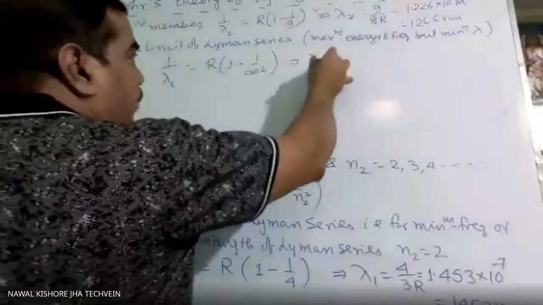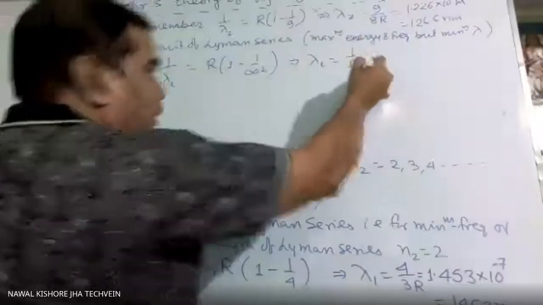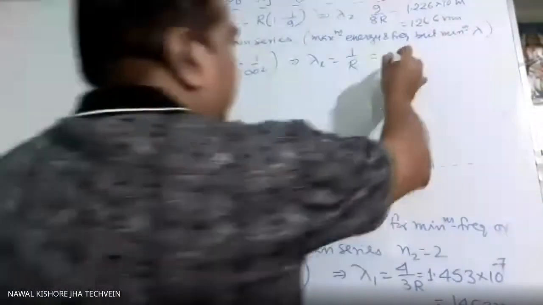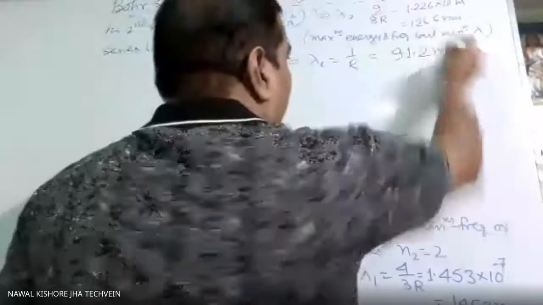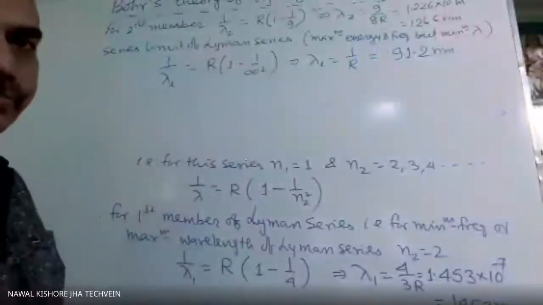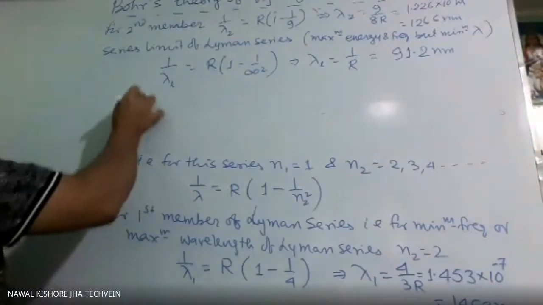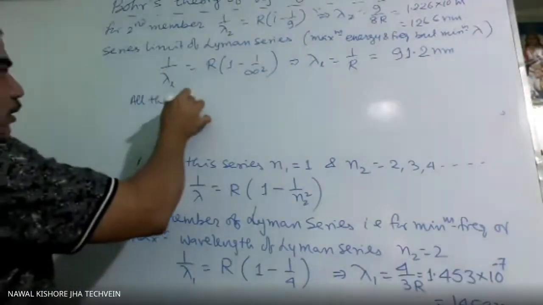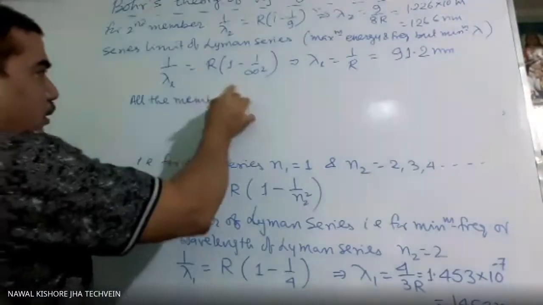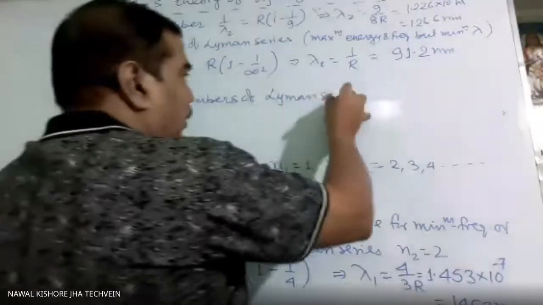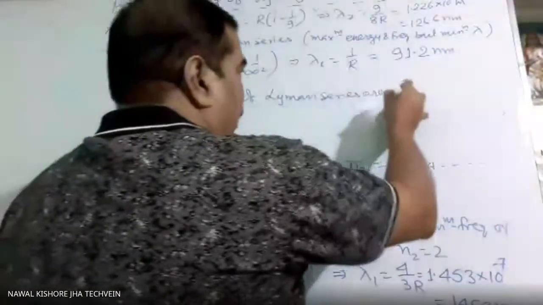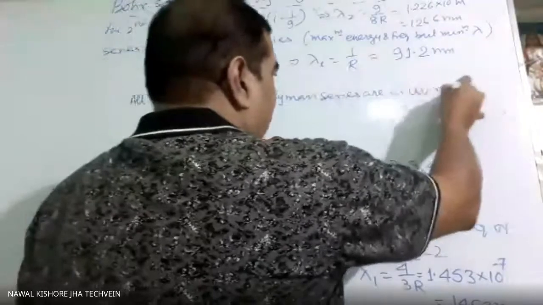So lambda L will be 1 by R. How much will come? 900 something will come, 91.2 nanometer. So all the members of Lyman series are in UV region. So these lines will not be visible.